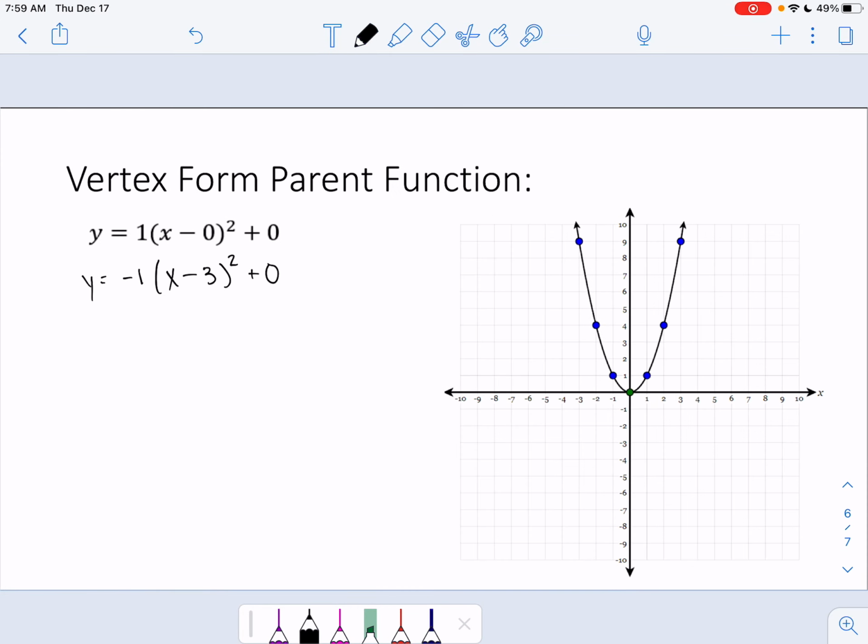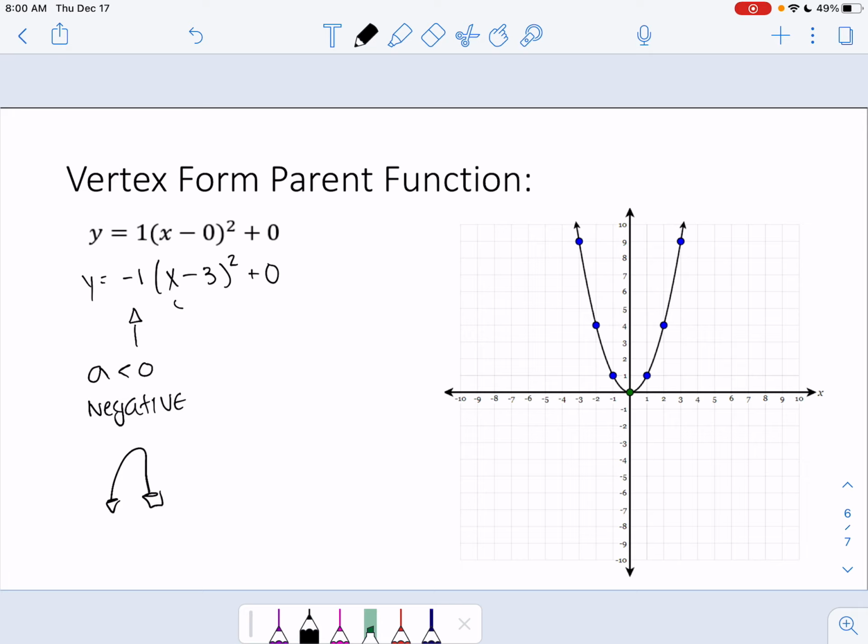One last example. Now we have a change here in our a value. An a value of less than 0, so meaning a negative number, flips the graph upside down.